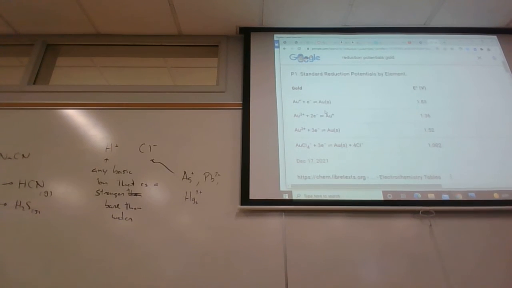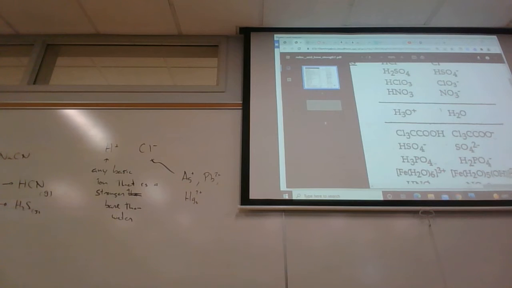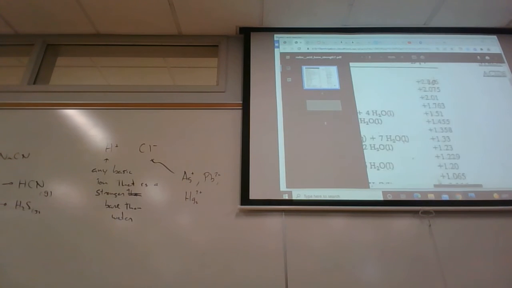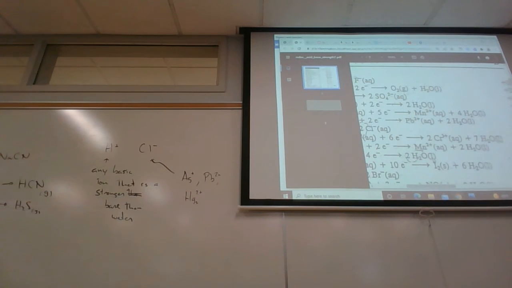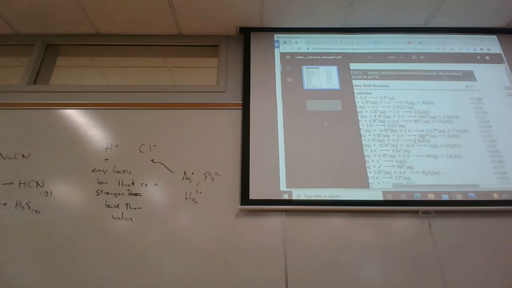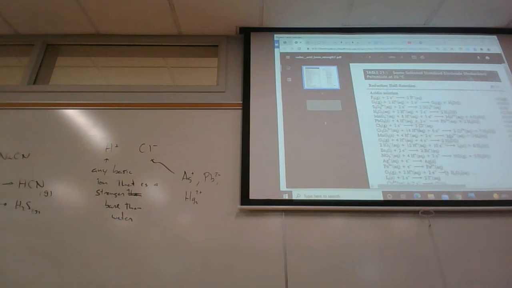And so let's take a look at our other chart and place that. You know, I wanted to look at the book's chart because there I wouldn't have to do this. But we'll look. 1.52 volts places gold metal right above here.